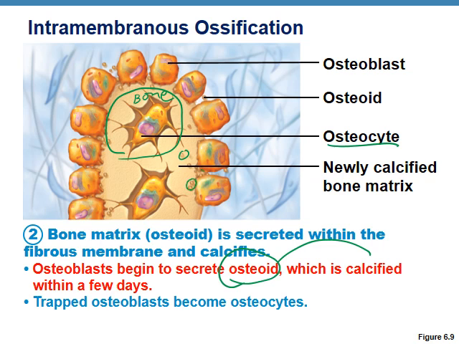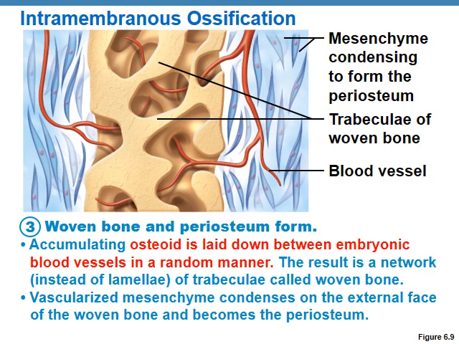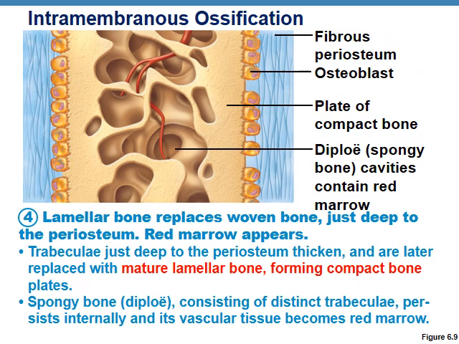So these little osteoids produced by the osteoblast were hardened, and now we have a cell that's trapped in bone, and that's an osteocyte or a mature bone cell. In this last step, we can see something that looks like this diploid structure, or this compact, spongy, compact structure, right? And we can still see our osteoblasts, which are going to be able to build bone.